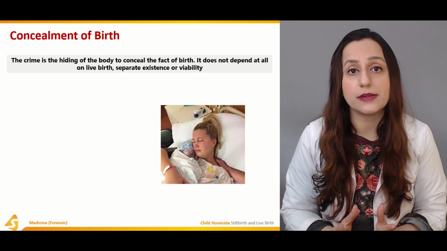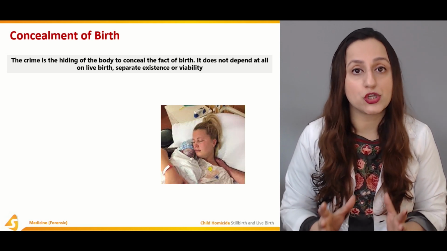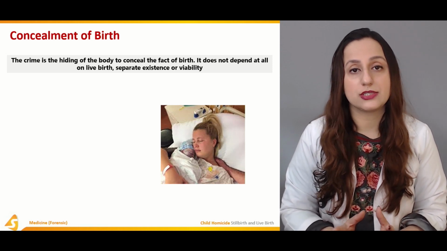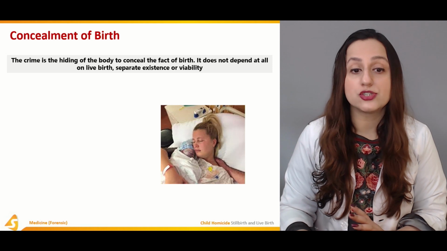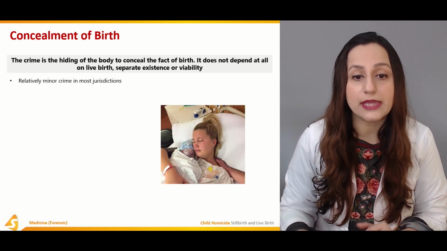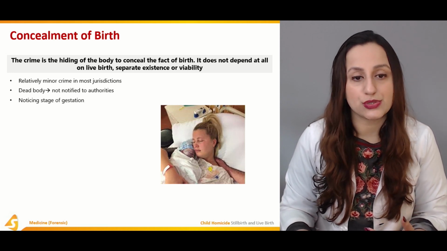If it is a stillborn baby, there are separate death documents that have to be handed over to the state as well as to the relatives. That should not be hidden, and it is basically a relatively minor crime in most jurisdictions. And the dead body is not notified to the authorities.